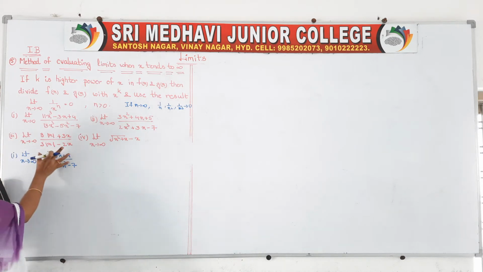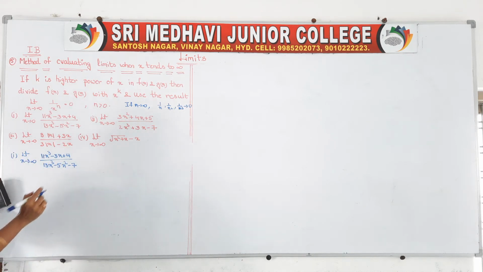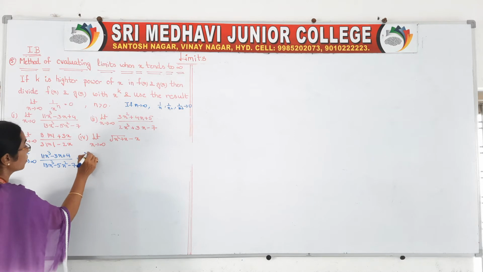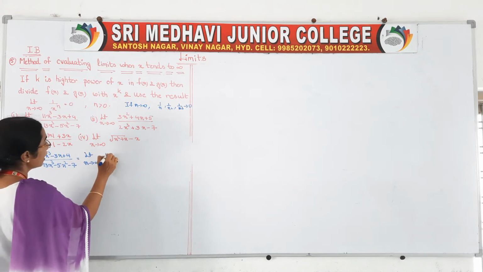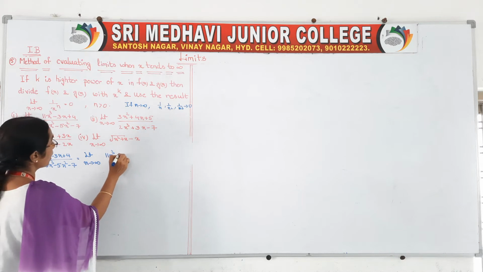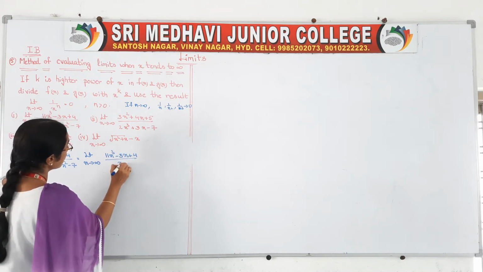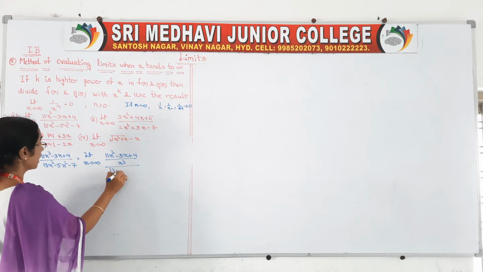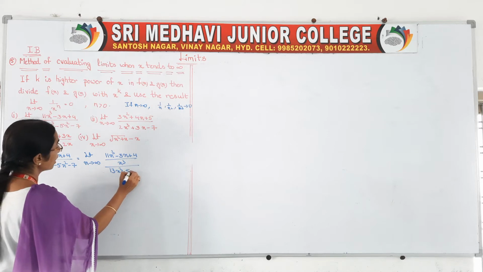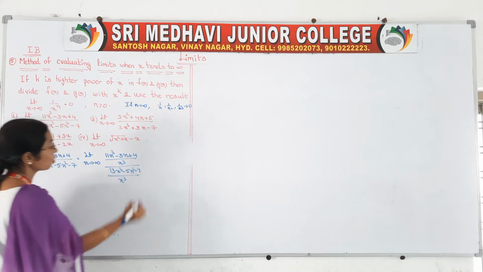We have to divide f of x as well as g of x by x cube now. So, it is equal to limit x tends to infinity of (11x cube minus 3x plus 4) by x cube, over the same thing, (13x cube minus 5x square minus 7) by x cube.